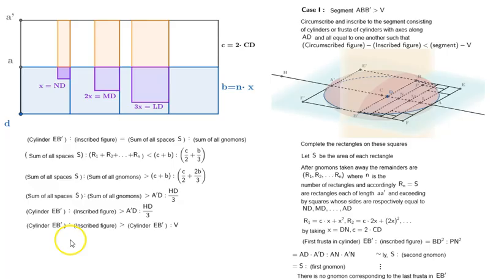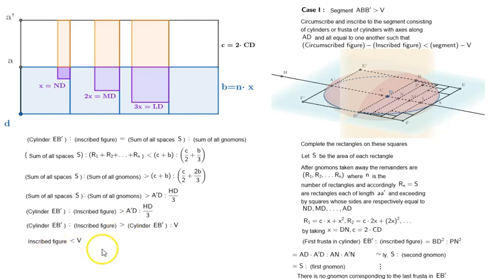We can say cylinder EB prime is to the inscribed figure is greater than cylinder EB prime is to V. That means the inscribed figure is less than V, because the numerators are equal. To maintain the inequality, the inscribed figure has to be less than V. Then only this will be greater.